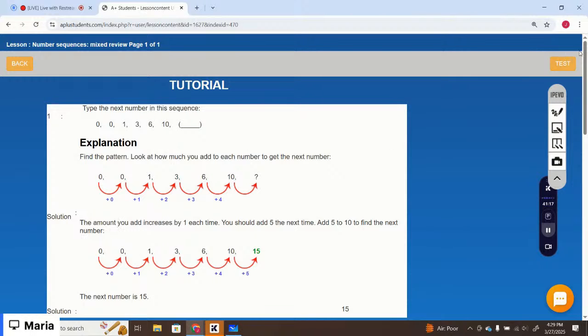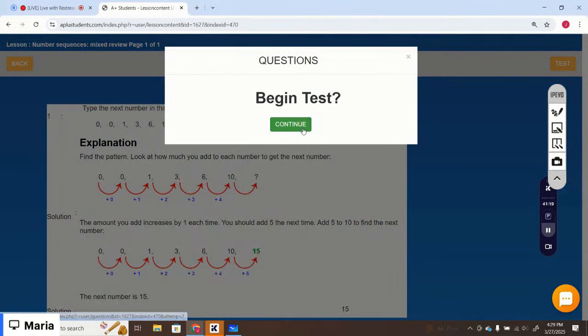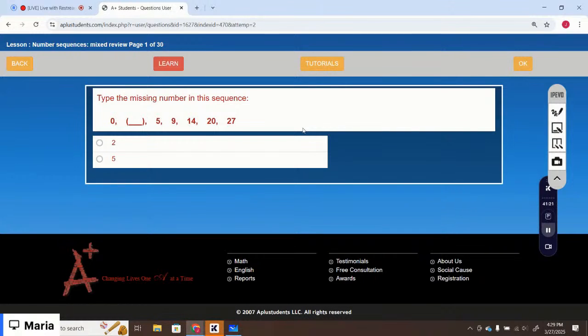Let's just start with the test questions. Type the missing number in the sequence.